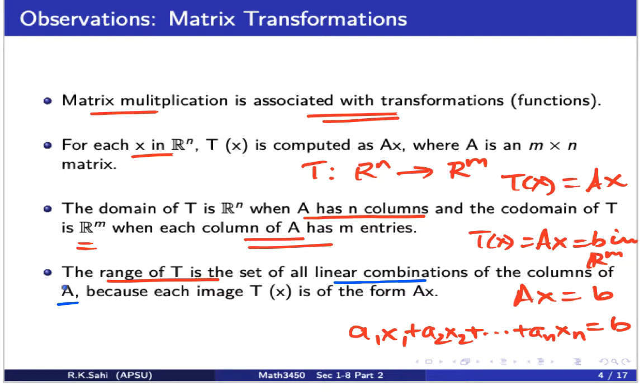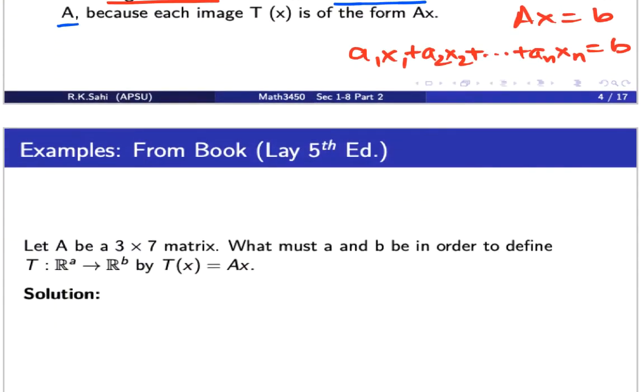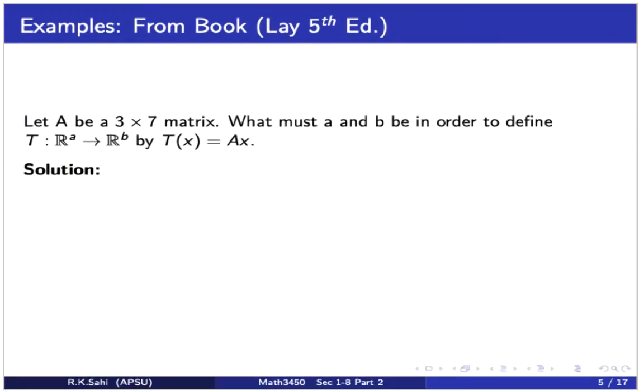Now let's look at a very simple example, and we have done this previously also. If A is a 3 by 7 matrix, what must be the domain and codomain in the corresponding transformation, which is a matrix transformation defined by Tx equals Ax?